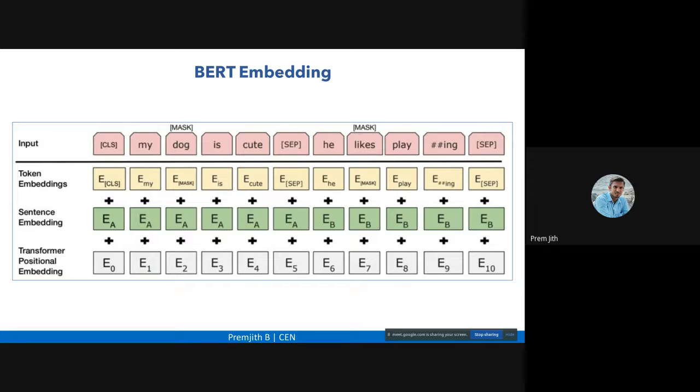In English we have two words, she and her. In Malayalam or Tamil you can find numerous word forms, and you cannot expect all the word forms to be there in the data set or corpus. So in that case you won't be able to represent them.